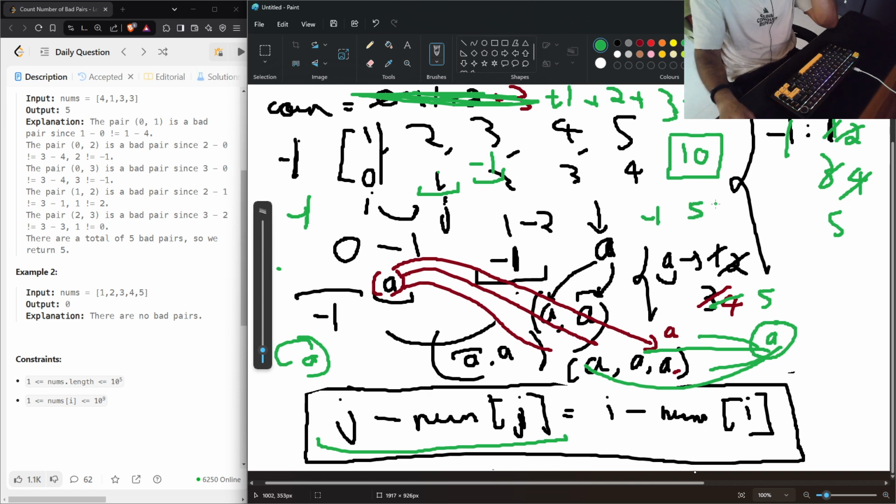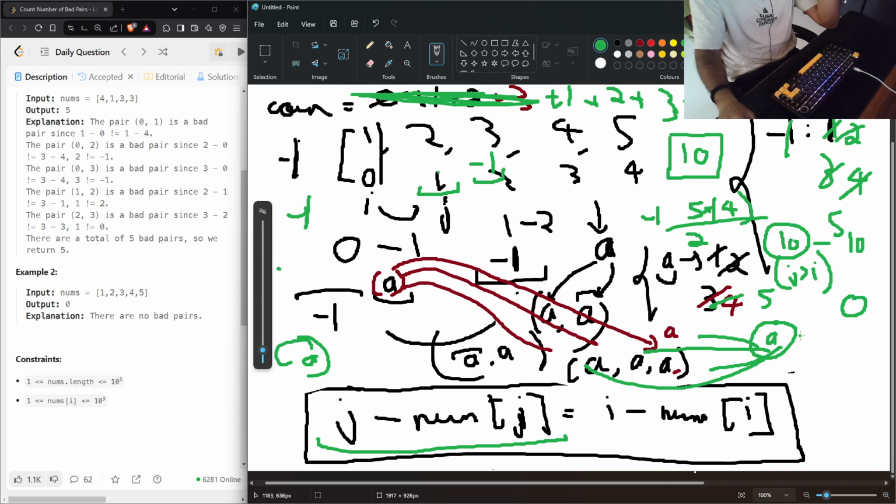So if I ask you what will be the total number of pairs of i and j such that j is greater than i, it will be nothing but 5 multiplied by 4 divided by 2, which is 10. So 10 are the total number of pairs that can be formed where j is greater than i. Just this value, j is greater than i, are all possible pairs. And in all these possible pairs, if we subtract the total number of good pairs, which is again 10 in this case, that is why we are getting 0 as the total number of bad pairs.